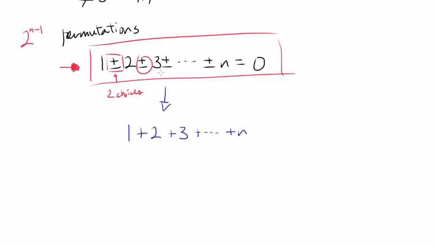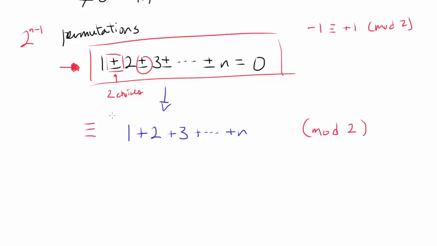And in fact, changing this expression to the sum from 1 to n is possible using modular arithmetic. In fact, examining this equation in mod 2 does the trick, because in mod 2, negative 1 is congruent to positive 1. So all of these negatives can be changed to positives.